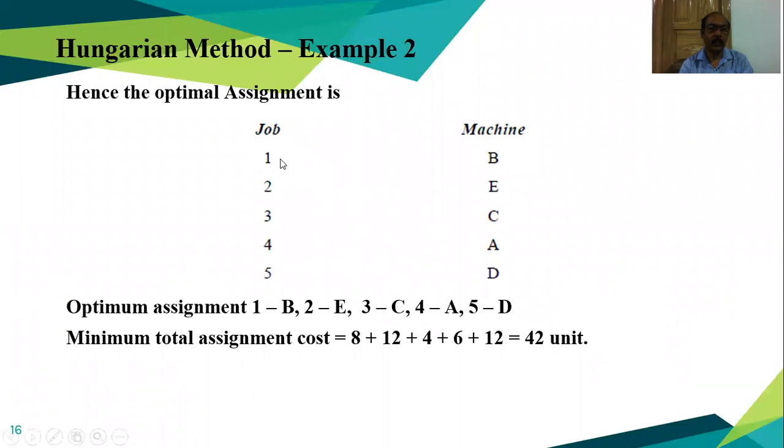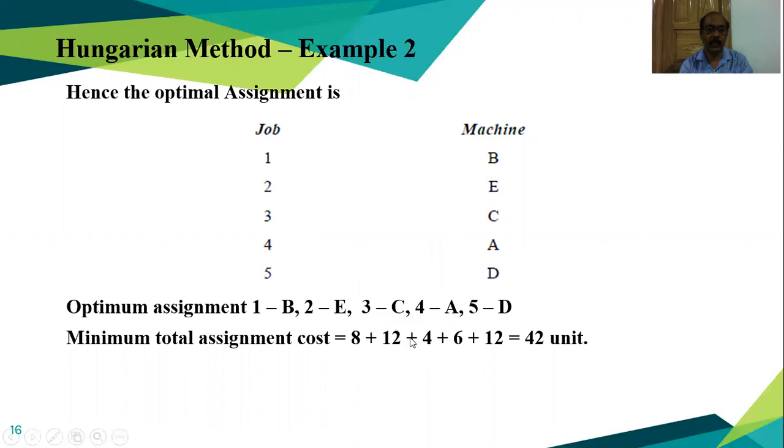Machine B is assigned for job 1, machine E for job 2, machine C for job 3, machine A for job 4, and machine D for job 5. So we can write job 1 assigned to B, job 2 to E, job 3 to C, job 4 to A, job 5 to D. And we can easily find out from the cost matrix what the cost is.